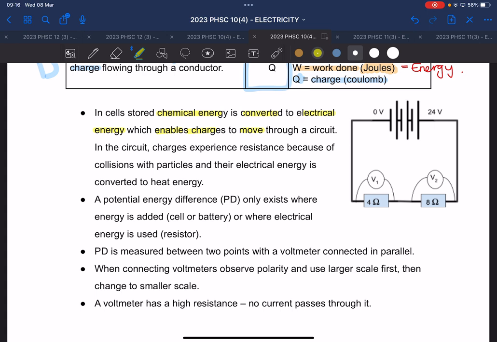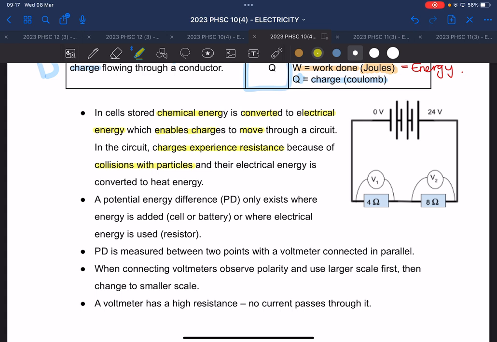Allows, né? Yes. Alright. Then, in this circuit, charges experience resistance. So, as you go through a circuit, there's resistance. Why? Because of collisions with particles.